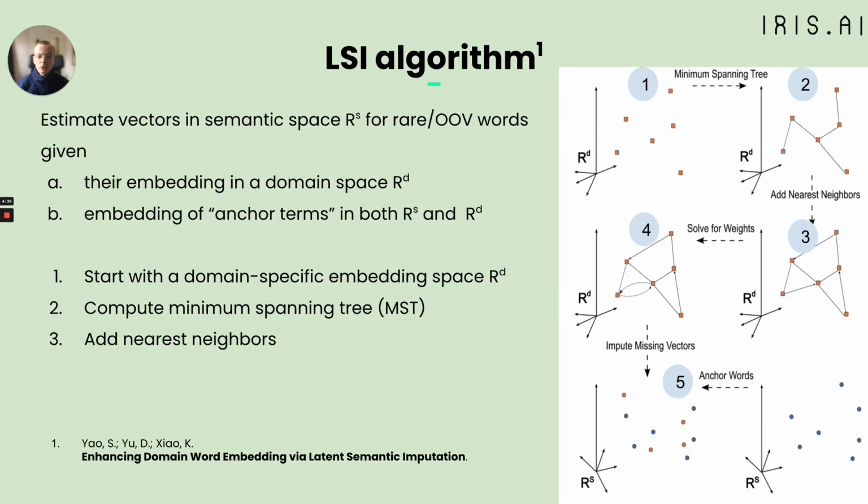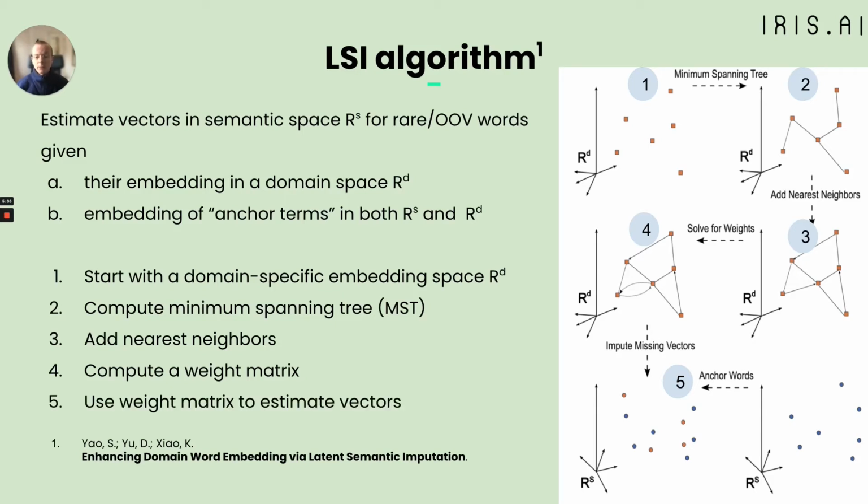Then, to ensure that a minimum number of terms contribute to the final weighted average, we add k nearest neighbors, where k is a hyperparameter of the algorithm. Step 4 minimizes the L2 distance between the domain vector and a weighted average over its neighbors in the k nearest neighbor minimum spanning tree, using non-negative least squares. This gives the weights. These weights are now used to impute the missing embedding vectors in the semantic space.